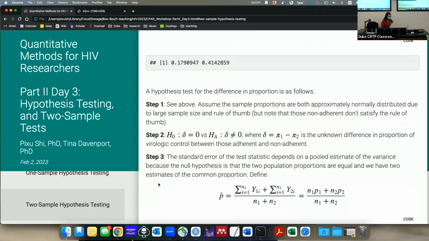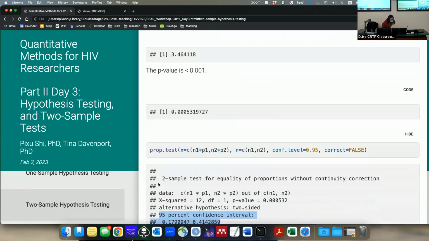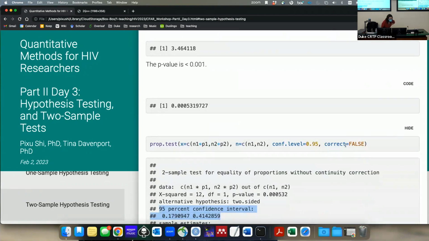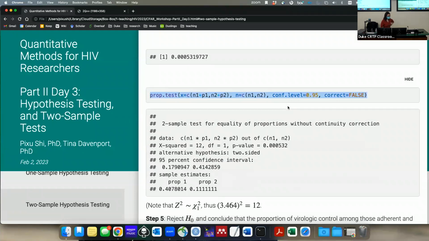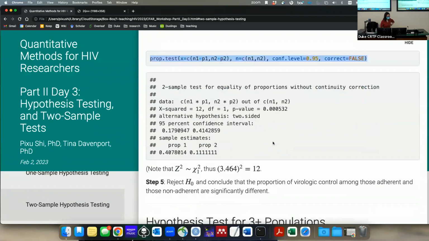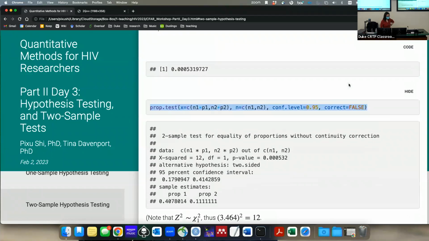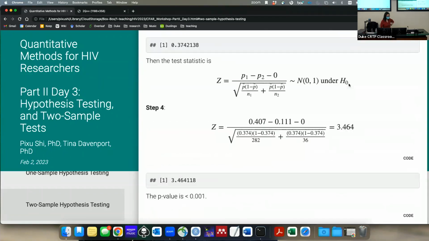Huh. It's actually the same, so there should be an option. The option should be changed. I will get back to you after this class. I need to investigate the use of this function again. So we definitely need a test that's not dependent on the normality assumption. But here, this is just a one step solution for all of the formula above.